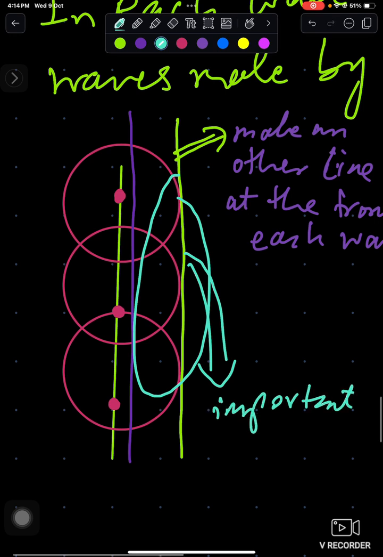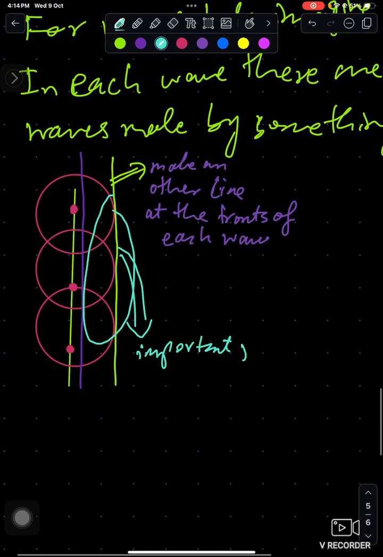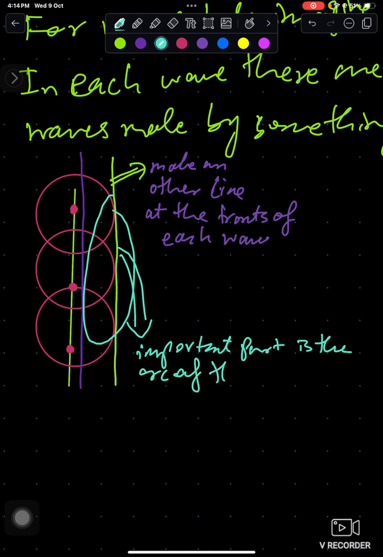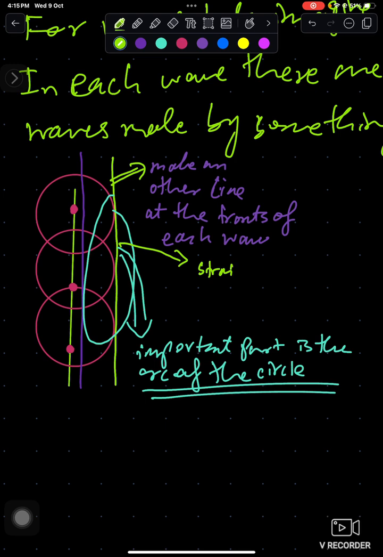The important part is the arc of the circle. And this is for a straight line.